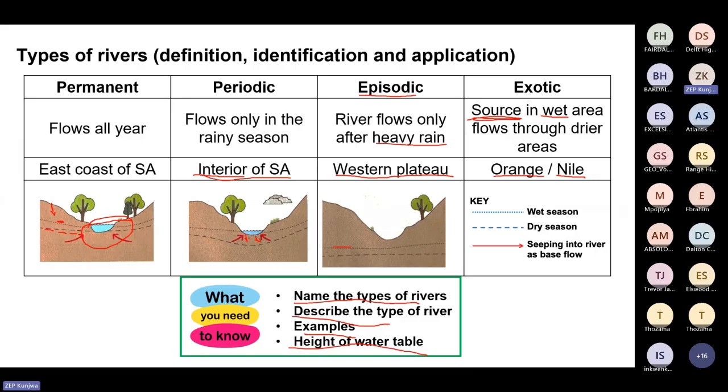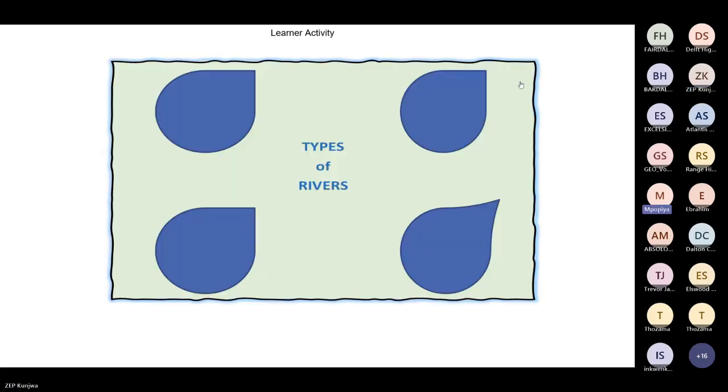So when you are in the Western Cape, you receive rainfall in winter. So if this river is in the Western Cape, obviously it's going to be flowing in winter. But if it's on the eastern side of the country, it's going to be flowing in summer. Thank you so much for the participation.